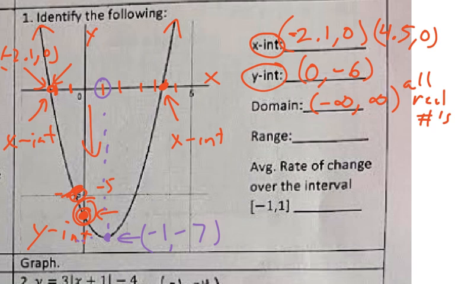But if that's the case, I would say my range, remember my y, the lowest it goes is -7. So I would say my range is going to be from negative 7 up to positive infinity. We also could say y is greater than or equal to negative 7, assuming that vertex right there is at negative 7.